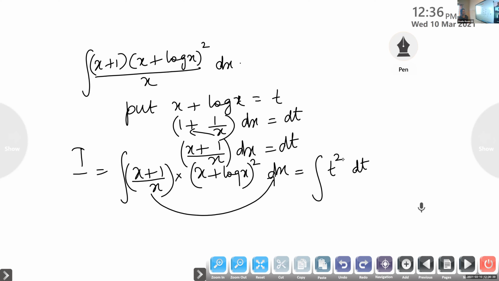Now what is the integral of t square? It is t cube by 3 plus c. What is t? x plus log x. So (x plus log x) the whole cube by 3 plus c.